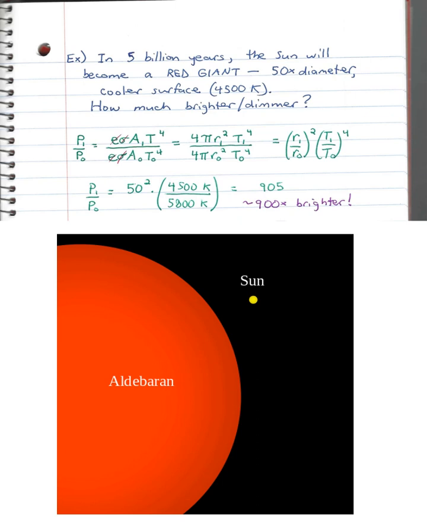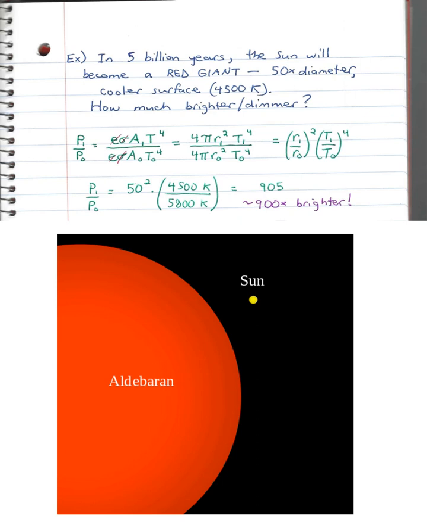So when we set up that ratio, we have E sigma A1 T1 to the fourth, and P0 is E sigma A0 T0 to the fourth. The E and the sigma divide out, and we're left with the area, 4 pi R1 squared, T1 to the fourth, over the current area, 4 pi R naught squared, T naught to the fourth.